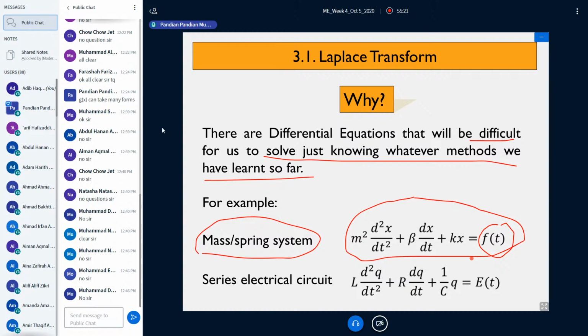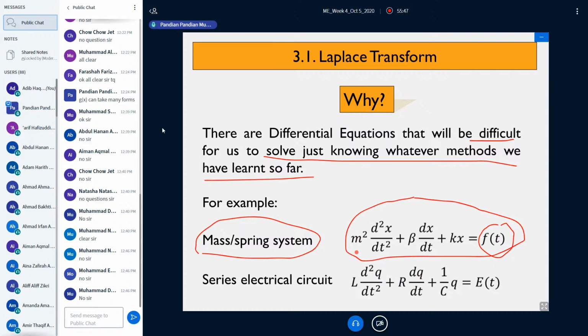We say modeling is very important in engineering. When you model a mass spring system, you can use the idea of a differential equation. Of course, you must understand how the system works, and then you create the differential equation based on the engineering system.